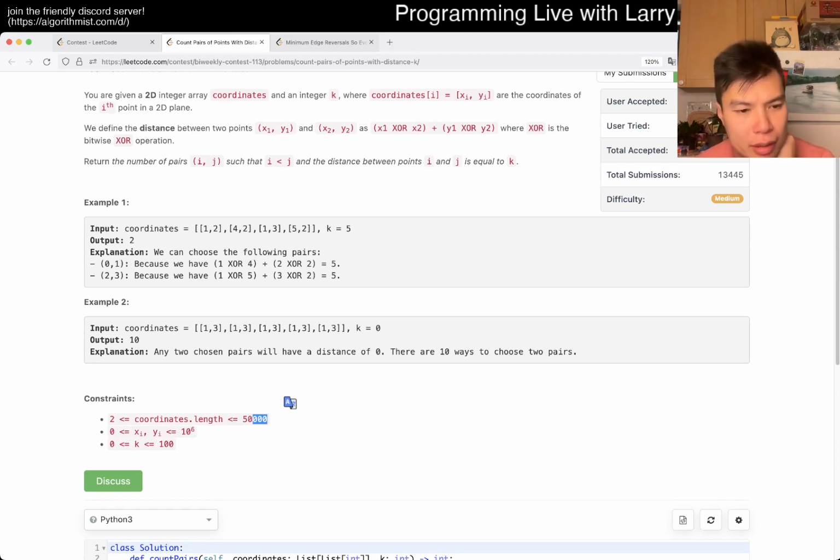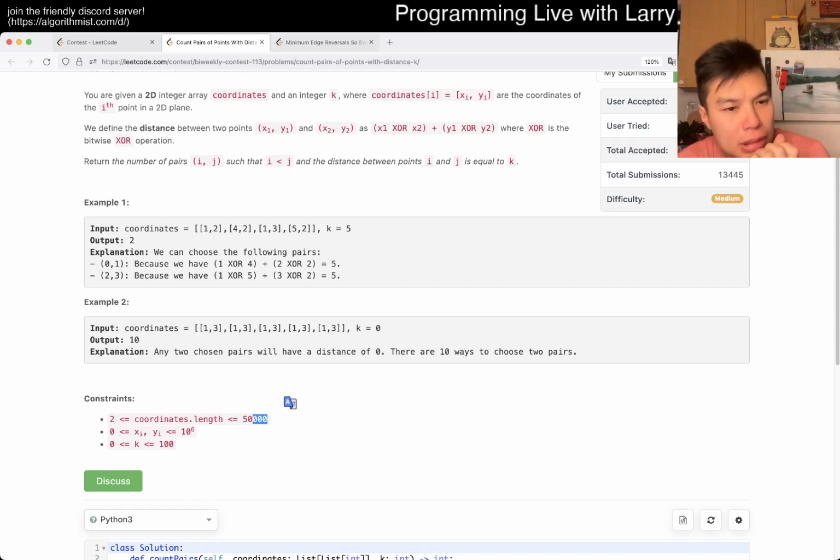How can you bucket it? Well, k equals 100 means, what does that mean? That means, what's it, 5, 6, 7 bits.